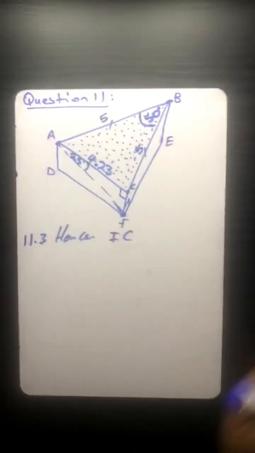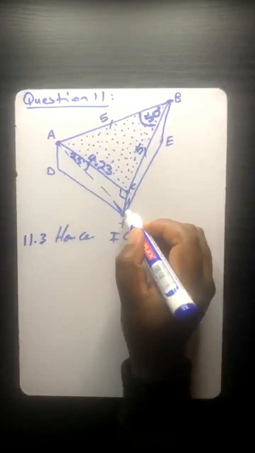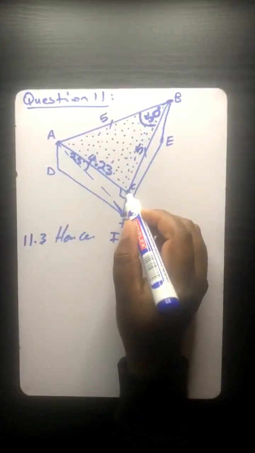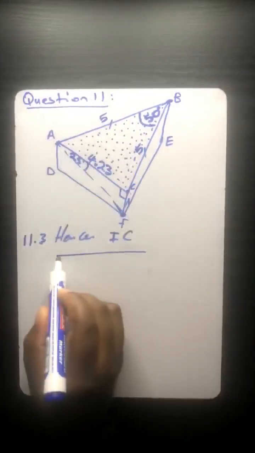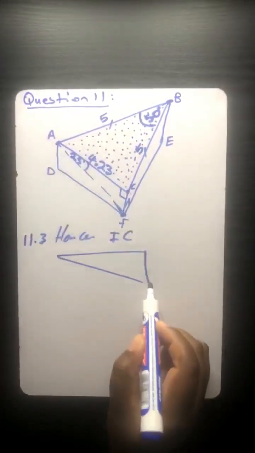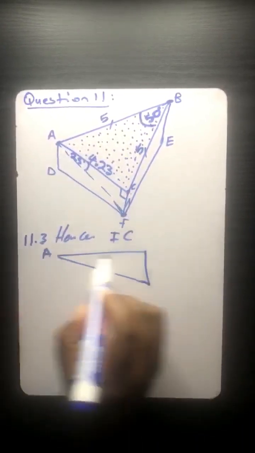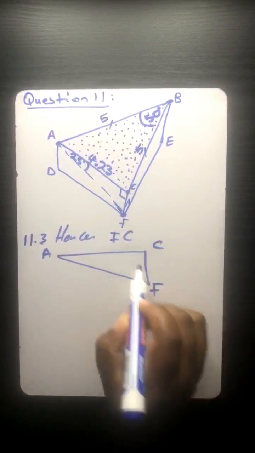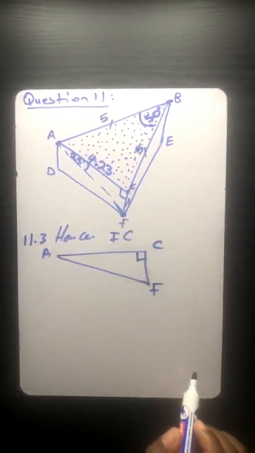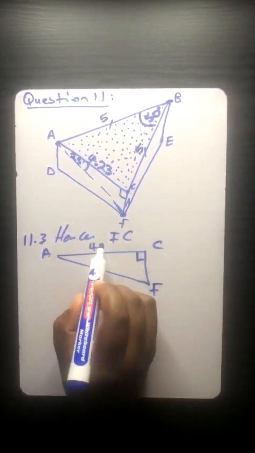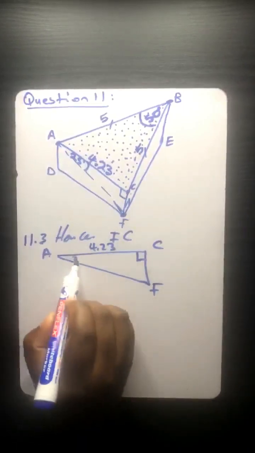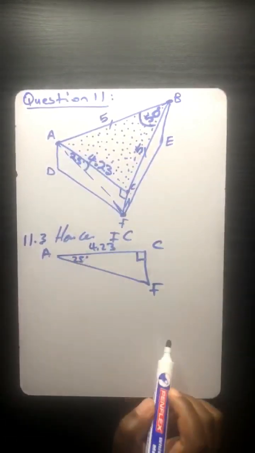So let's see. Now, FC, which triangle is it in? FC is in this triangle of that and that. Remember, it's a game of triangles. So if you get confused, remember to try and redraw the triangle. You just calculated that. We were told that that angle is 25 degrees.